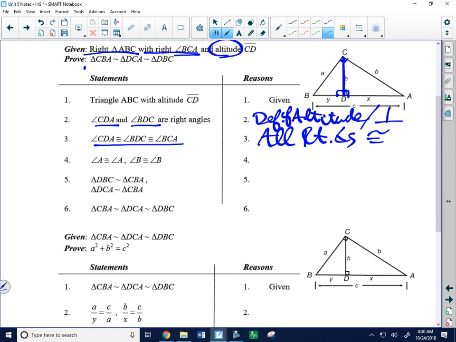What I've done, we did this on the review from Unit 4. Small, medium, and big triangle. We're showing they're similar, right? That's what these three triangles are: small, medium, and big. And we now have one angle in all three triangles congruent, the right angle. We need one more angle in each triangle.